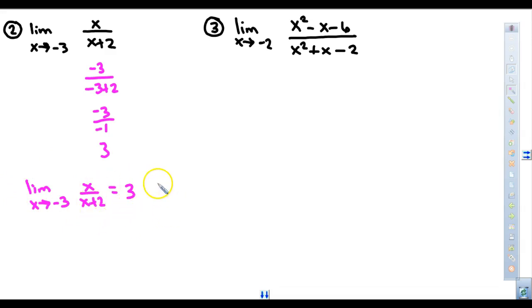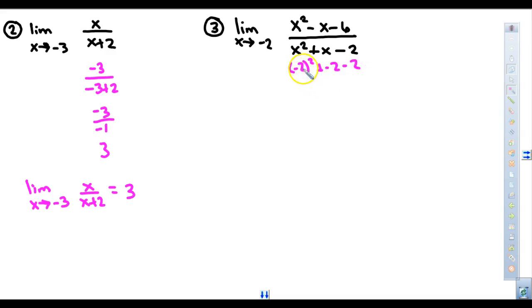No big deal. The big deal happens when you get a 0 in the denominator. So if you have a rational function, just check out the denominator, okay? And you can do that in your head. Just plug in a -2 right here. I'm going to write it down this time.